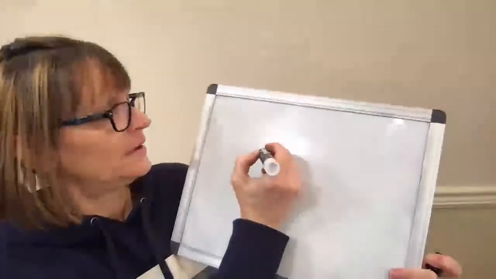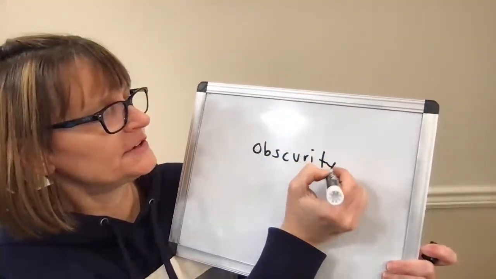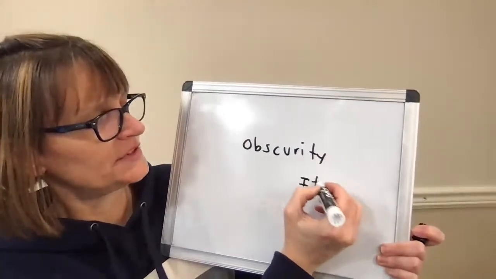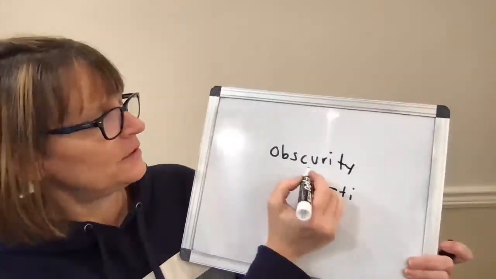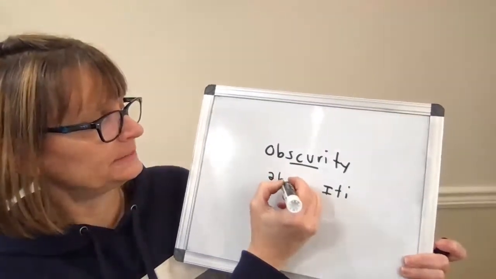Okay. We had a question about the word obscurity. So let's break that one down. Obscurity. So there's our ity ending we were just talking about with city. And then stress here is on the scure. So the O is going to be a schwa.